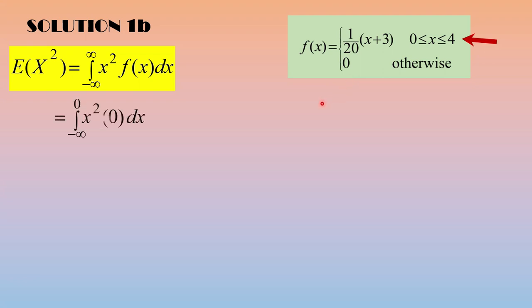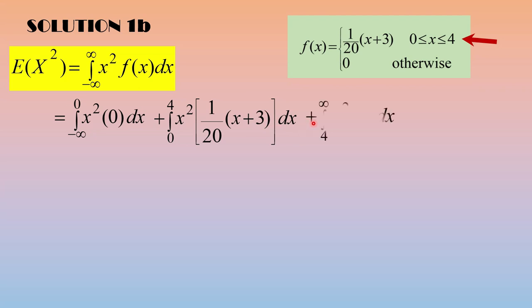Therefore, we need to integrate from negative infinity to 0 x squared times the function, which is 0, dx, plus from 0 to 4 x squared times f(x). So the function from 0 to 4 is 1 over 20 times (x plus 3) dx, plus from 4 to infinity x squared times 0 because the function is 0.